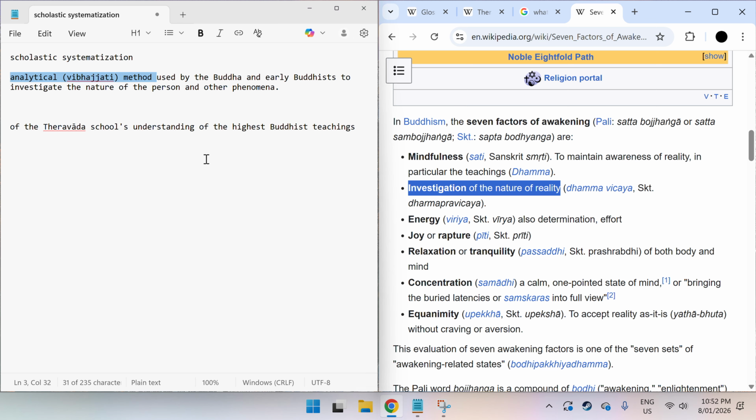So if we're looking at this here, one of my questions is about the analytical method. I have this idea of the Buddha as someone who really asked questions of the world, who did not take received opinion, did not take other people's authority.